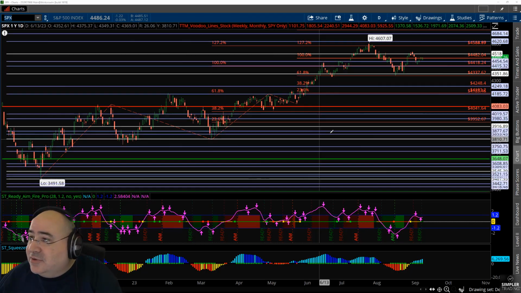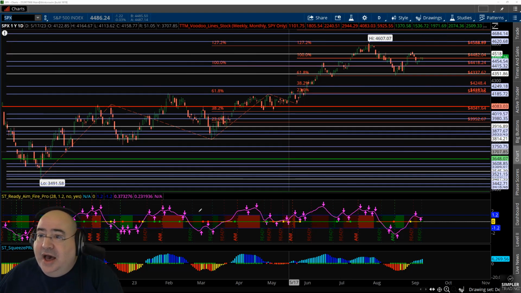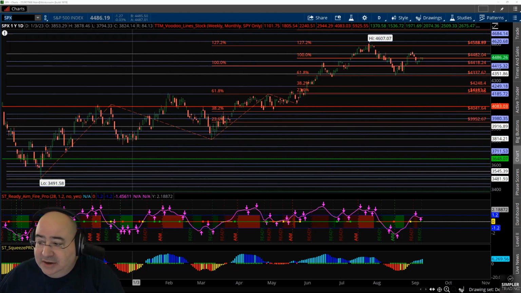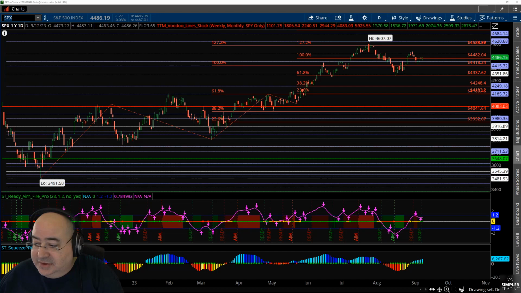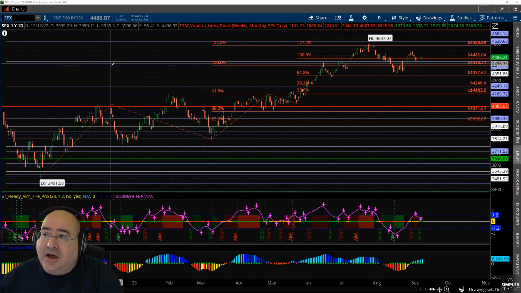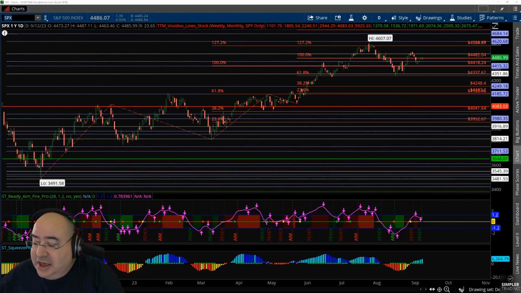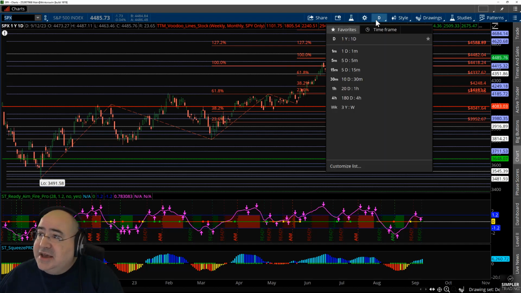Cosmo, real quickly, your question about the 5-minute chart. It depends. Let's bring it up to a 5-minute chart really quickly. This is where the setting of the timing gets important.